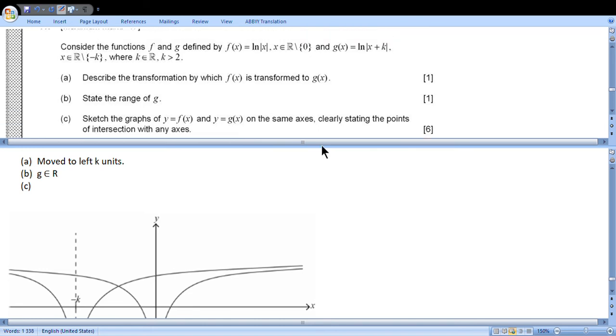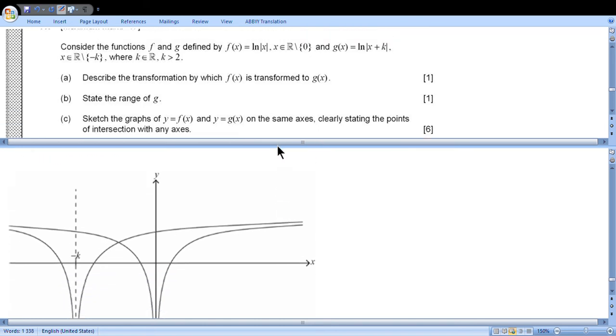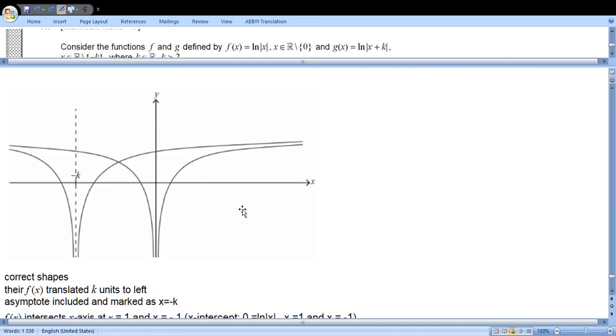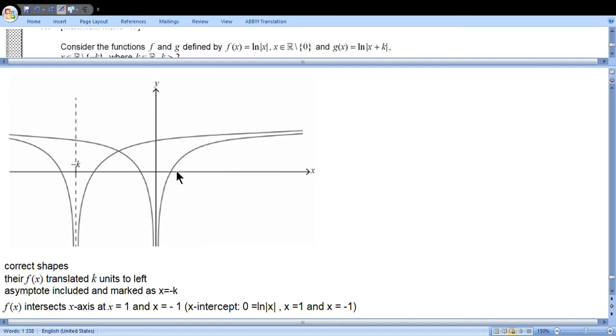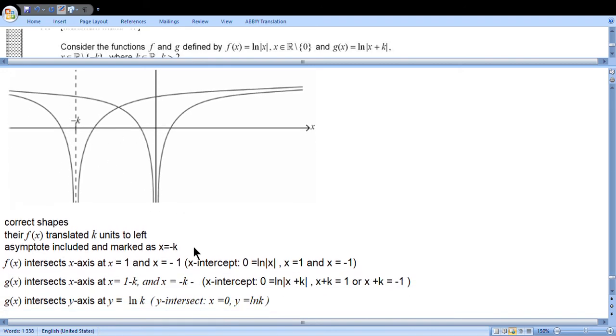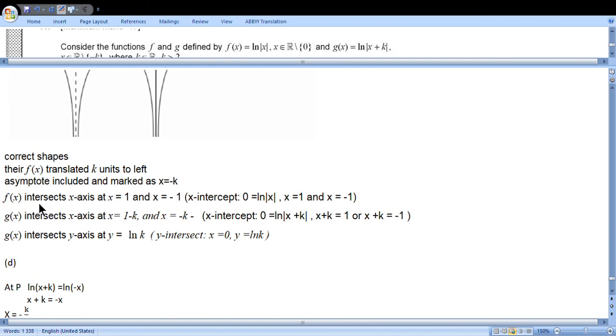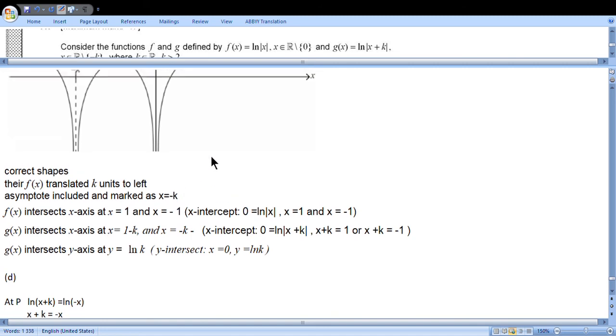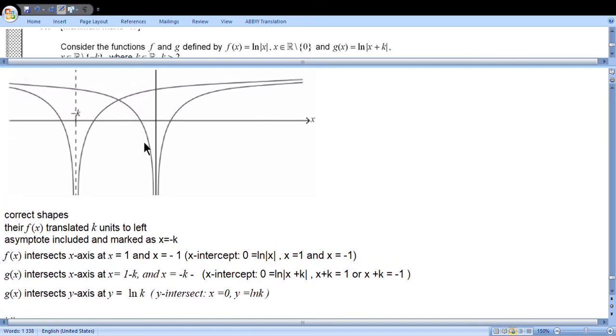Sketch the graphs of y equals f of x and y equals g of x on the same axes, clearly stating the points of intersection with the axes. So we have the graphs. Let's make it bigger. We can find the intersections. Here x equals 0, and here y equals 0. So f of x intersects the x-axis at 1 and minus 1, and g of x intersects the x-axis at 1 minus k and minus 1 minus k. Here, a mistake, right.